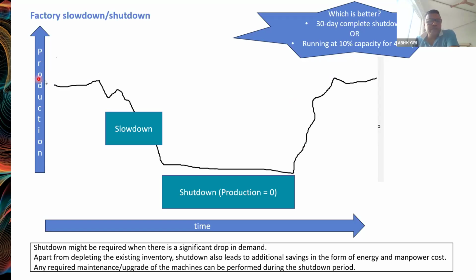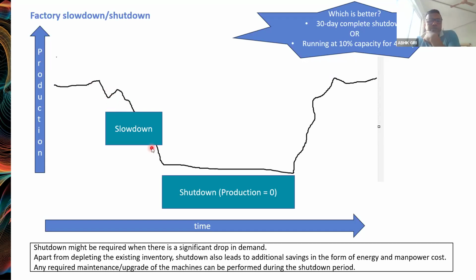So this graph that I've shown you, something which I uploaded, is not very accurate. On the x-axis you have time, and on the y-axis you have the production level. As you see, with time we are gradually reducing the quantity of production.